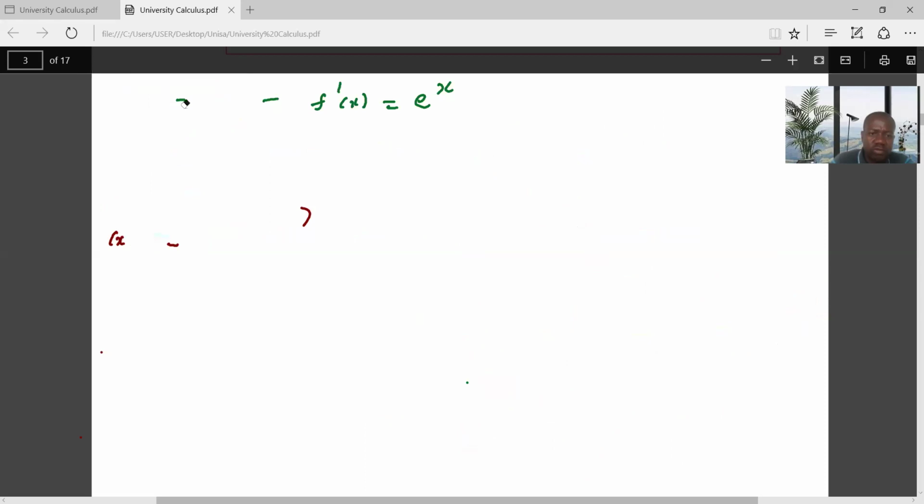Right, let's now move on to the issue of product rule and quotient rule, ladies and gentlemen. The product rule.